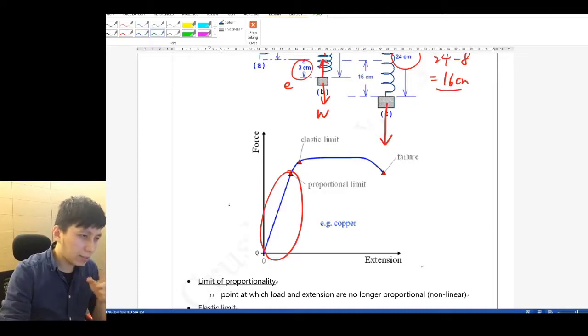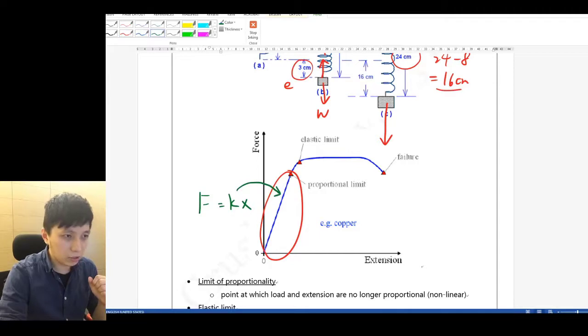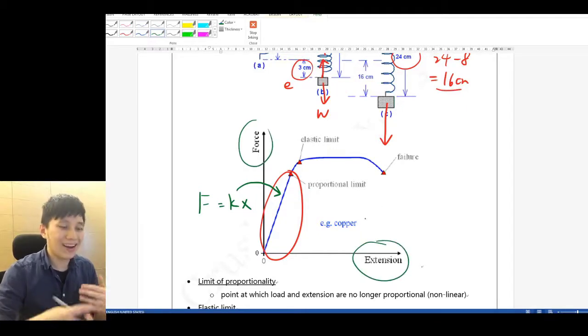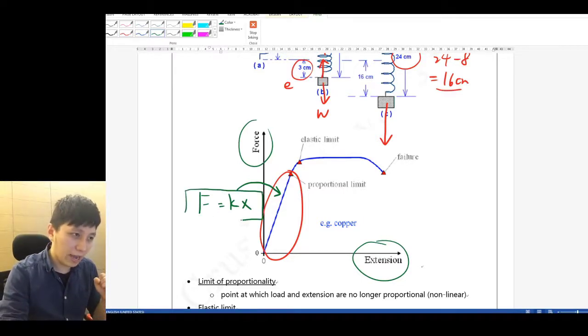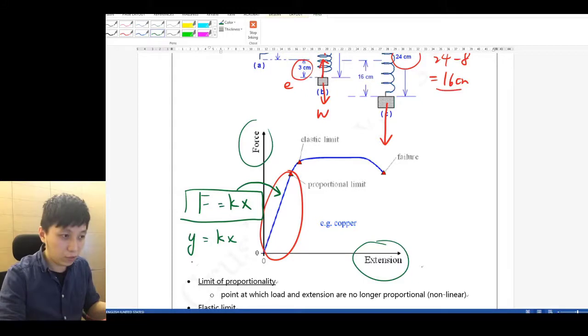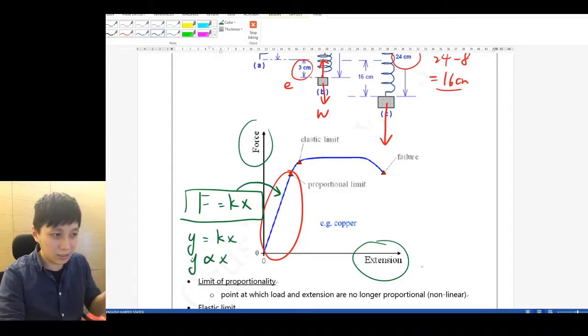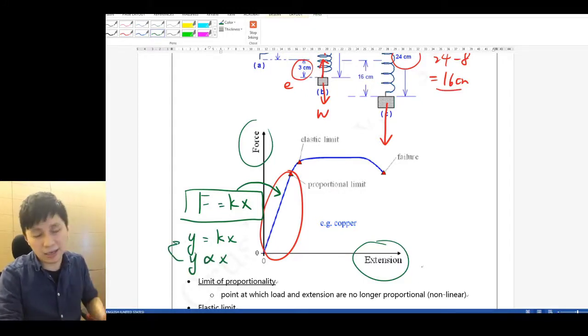And so, like I said, Hooke's law is only valid for describing the situation at the very beginning, when the relationship of the force and the extension are in a linear relationship or proportional relationship. From the mathematical relationship, you can see F equal to Kx, just like Y equal to Kx, which is a proportional relationship, Y proportional to X. This is exactly the same idea in mathematics.